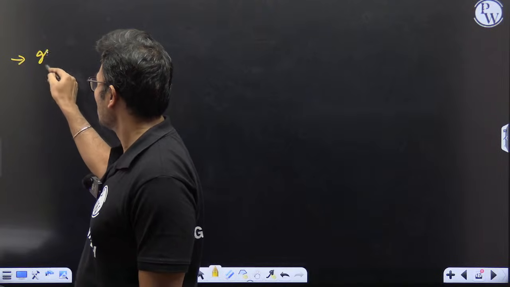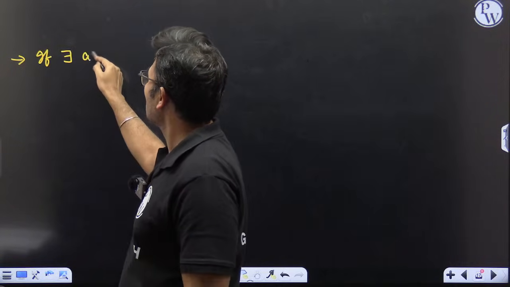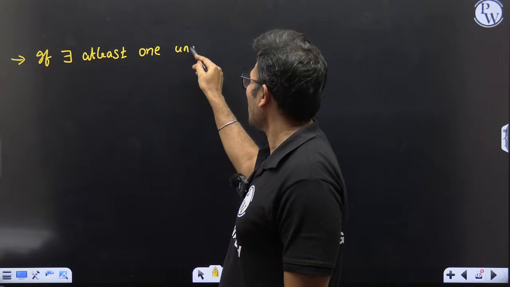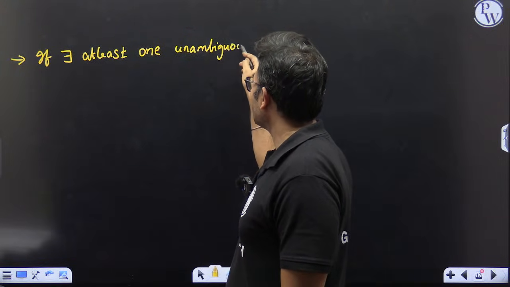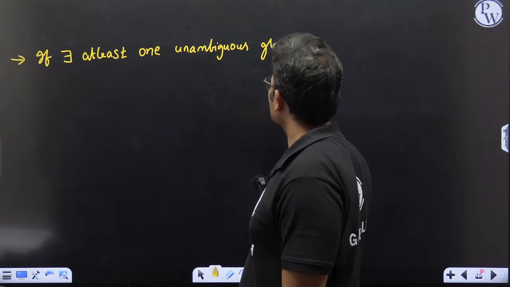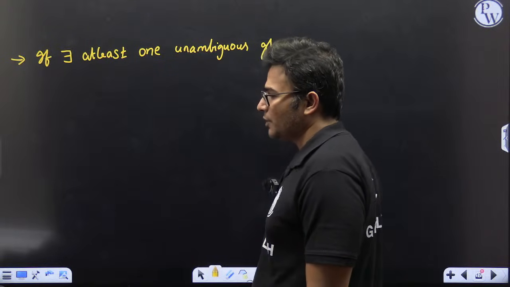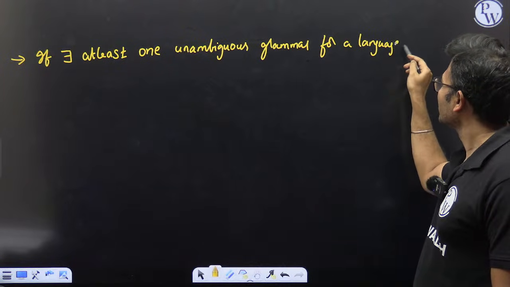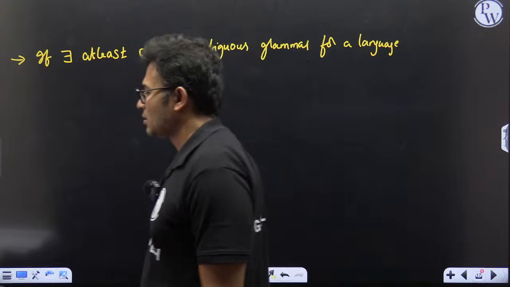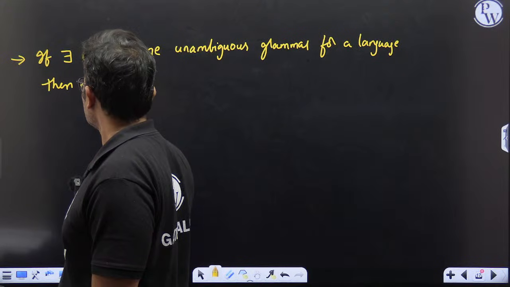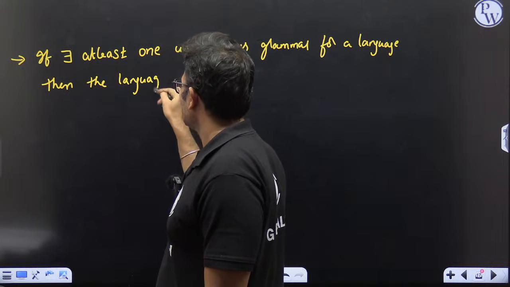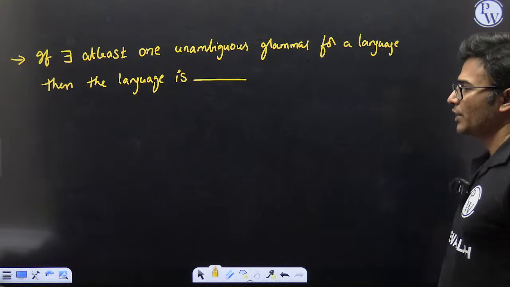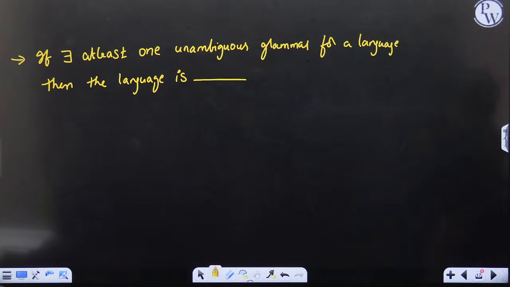Answer this question. If there exists at least one unambiguous grammar for a language, then the language is dash.